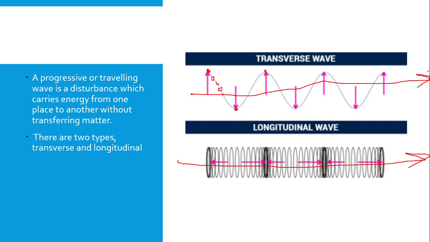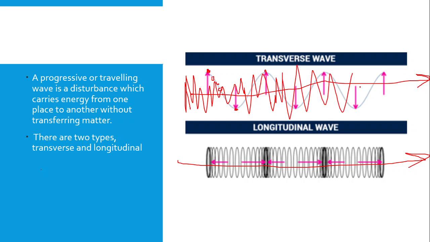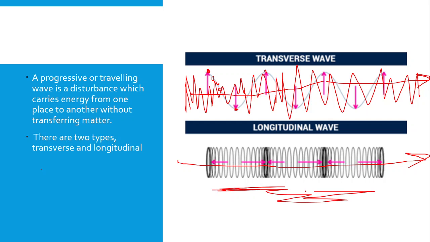Now, if we talk about longitudinal waves, in this wave the particle moves like this, an up and down motion. However, in longitudinal waves, although the wave is moving in the x direction towards the right, the particles move in the x direction too.